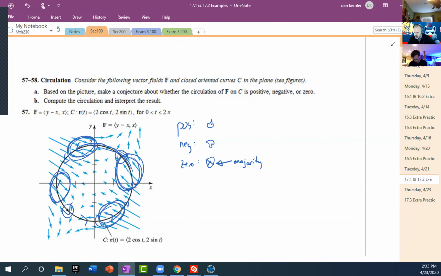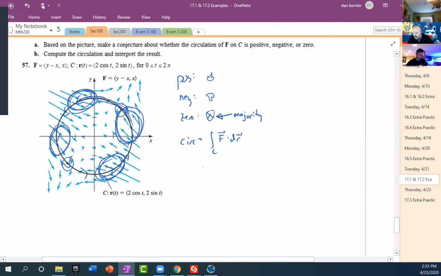Let's compute the circulation. The circulation will be just a line integral. That's all it is, and it's circulation because you go all the way around. Okay, this is a nice one. It gave us everything, 0 to 2 pi.